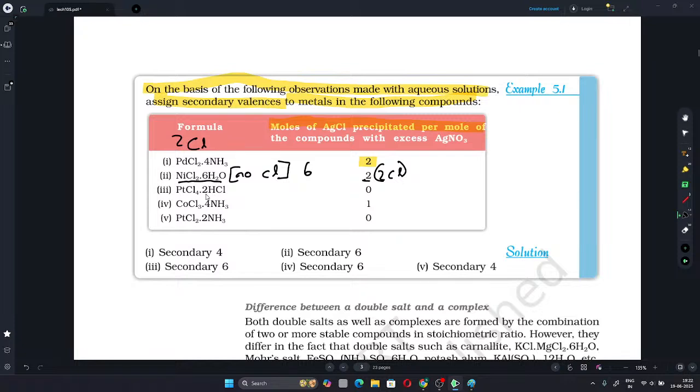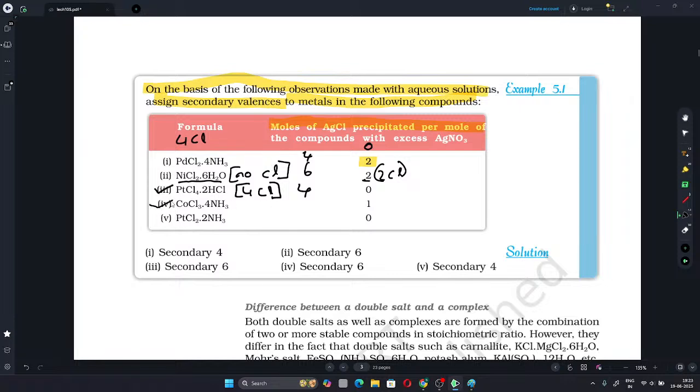In a third case, where we have 4 Cl but got no AgCl, which means that all 4 Cl are in the complex and not as counterions, which means here the valence of the platinum should be 4. First, this one here, we saw that it was also 4 here as well.